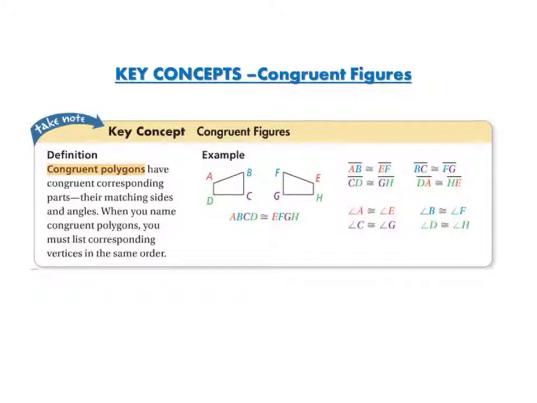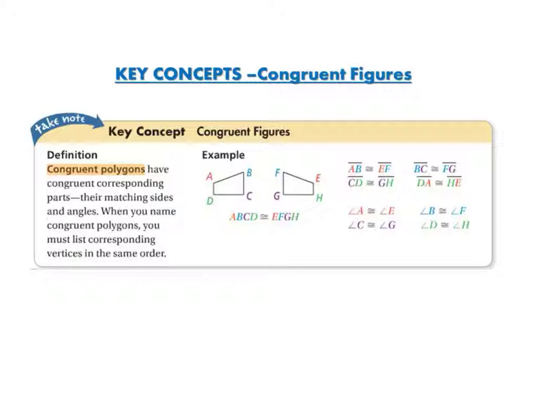So if you notice, line AB is congruent to EF. So I have here, here. We started at the short end and went up, started at the short end and went up. Angle A is congruent to angle E, as they show right here. So you have to list the vertices or the corners in the same order on the first one as you do the second one.